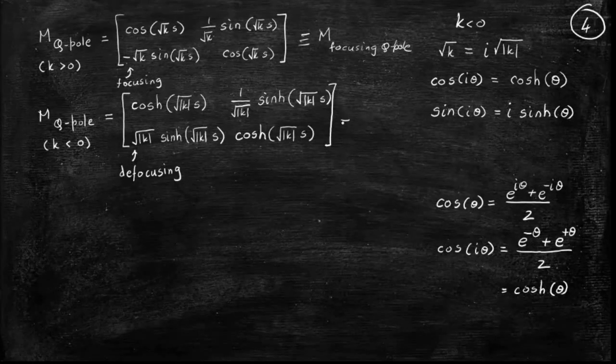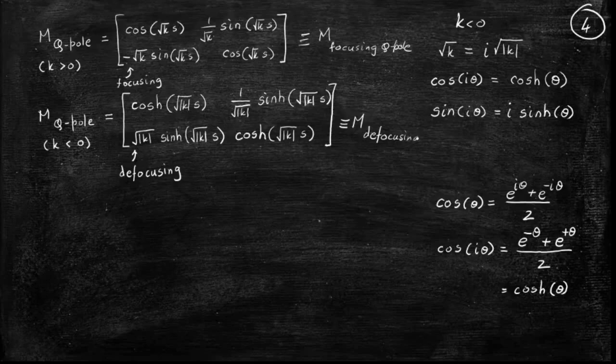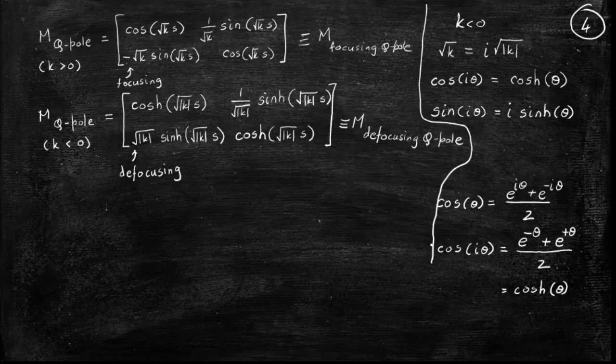And the second one is basically the matrix for a defocusing quadrupole. Of course, all our discussions on the nature of complex functions is constrained here.